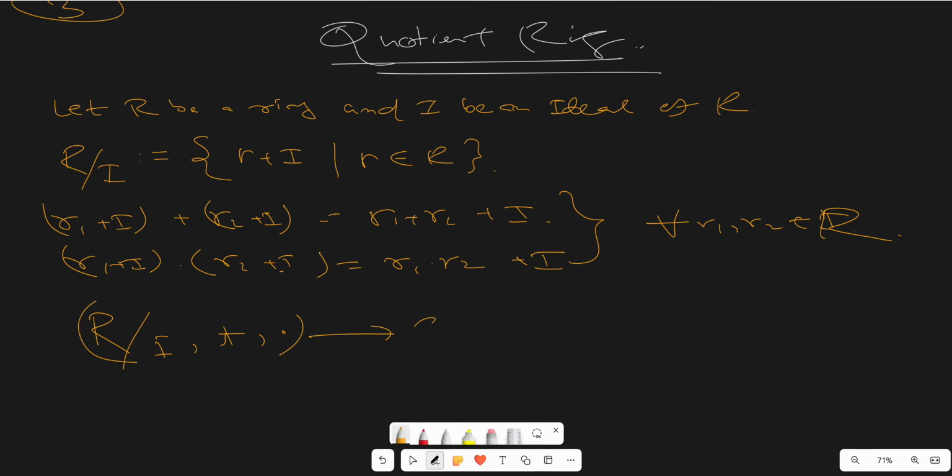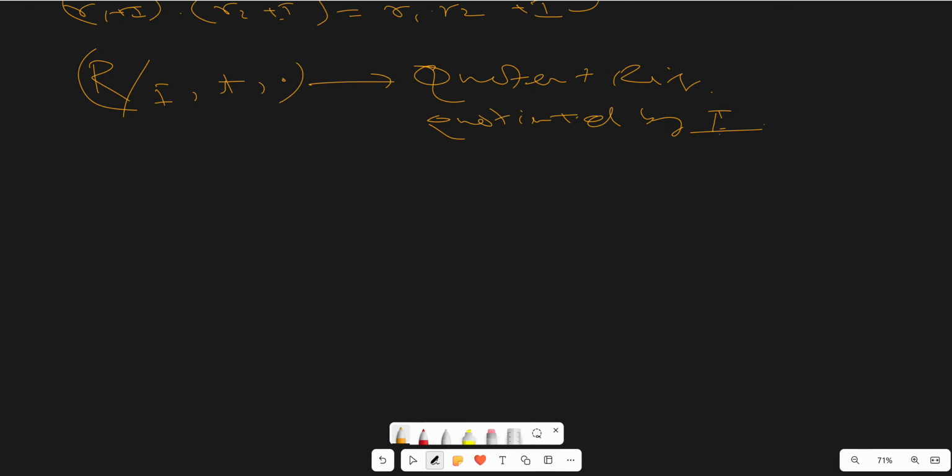This is called a quotient ring, R quotiented by I. Okay, are you getting my point?